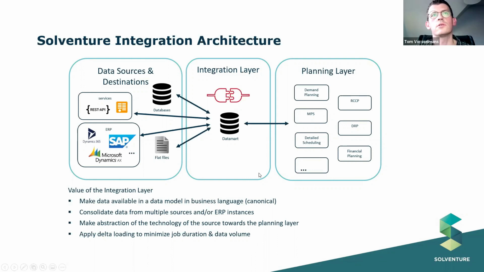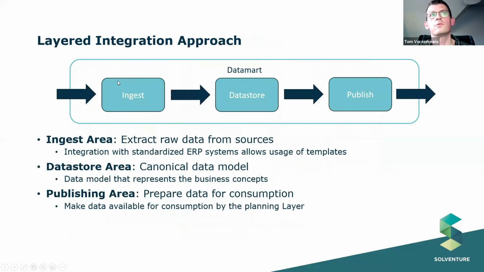Indeed, that is linked to the layered approach here. So in the ingest area, we can capture data from multiple systems, and in the data store, we can then bring all that data together. Of course, there is still a need to link the information together. For example, a product in different systems can have different identifiers.